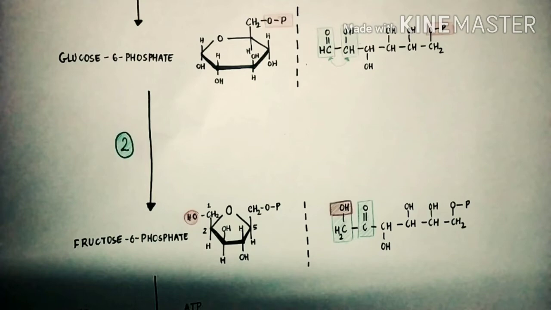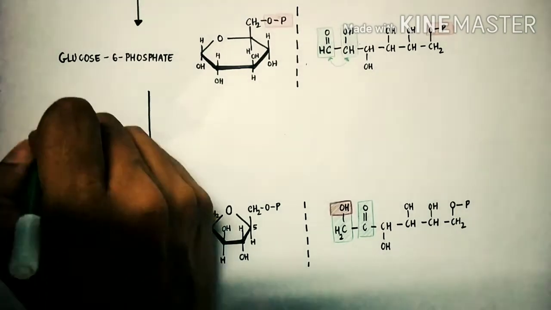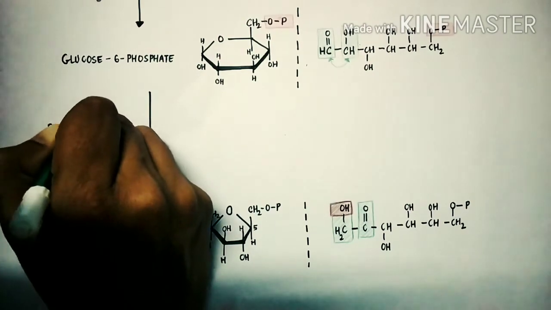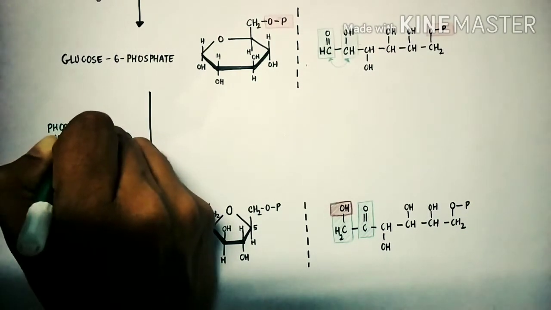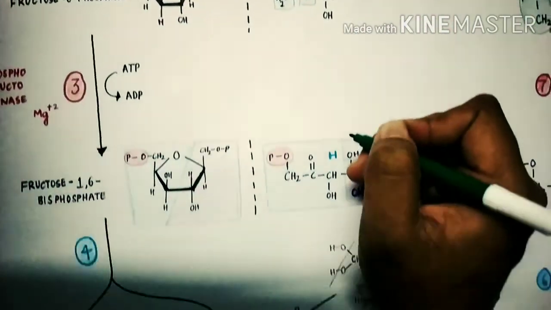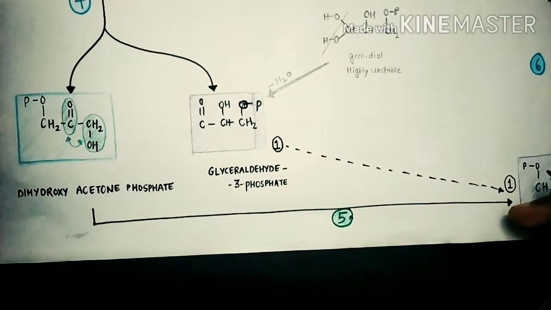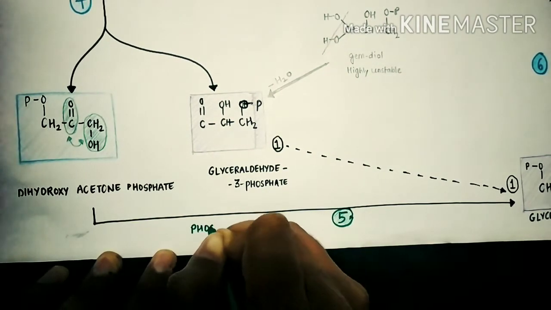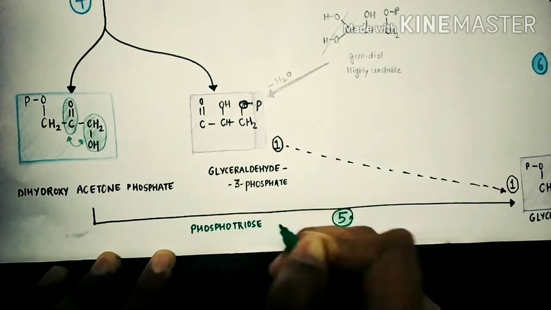Even here, the enzyme name takes phosphohexose isomerase. In step 5, the substrate is dihydroxyacetone phosphate, which is a 3 carbon sugar, and 3 carbon sugars are called triose, like 6 carbon sugars are called hexose. And the enzyme being common again, the name is phosphotriose isomerase.